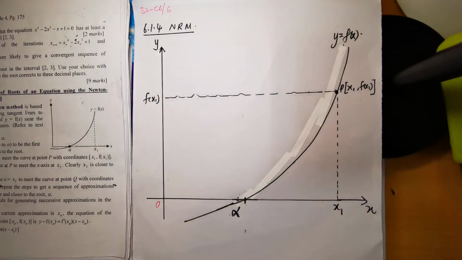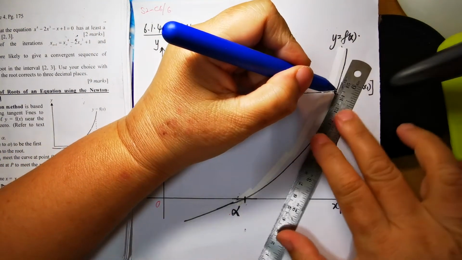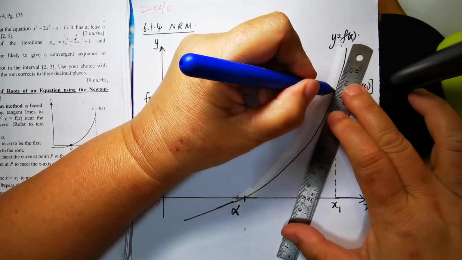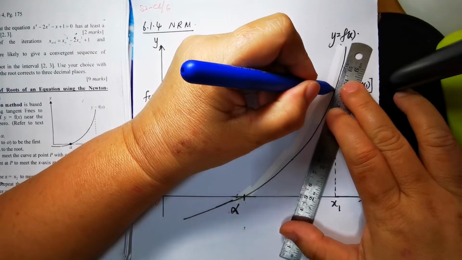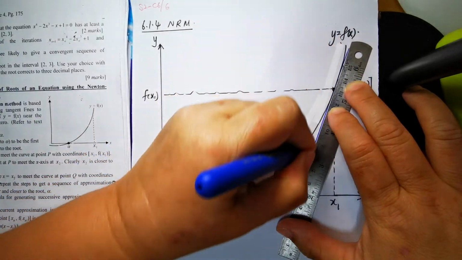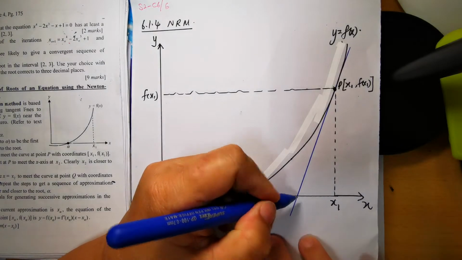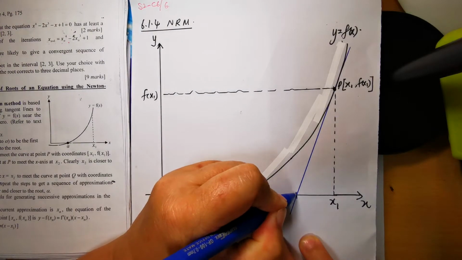Therefore, the next step is to draw a tangent at point P, and extend the tangent to meet the x-axis here.